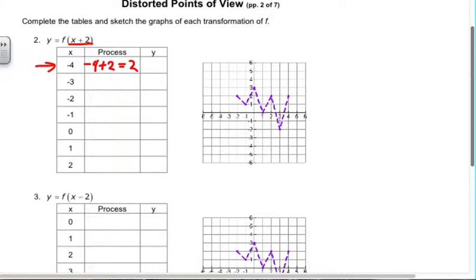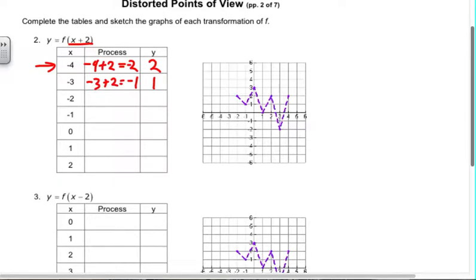Then if we go back and look at our original table, back from page 1, when x is -2, y is 2. All right. -3, my process here is going to be -3 plus 2, which is -1. And f of -1 is 1.